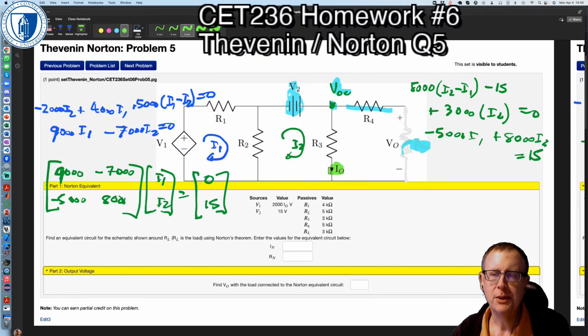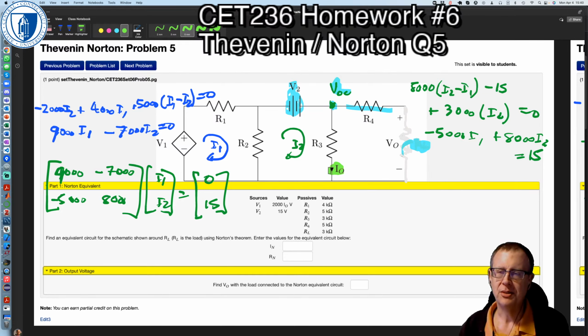And then we can do the mesh for I2. We get 5000 times (I2 minus I1) for the voltage across R2. And we get minus 15 because we're going into the negative side of V2. And then we get R3, which is 3000 times just I2. There's no other current flowing through there because we've got an open circuit on the right hand side.